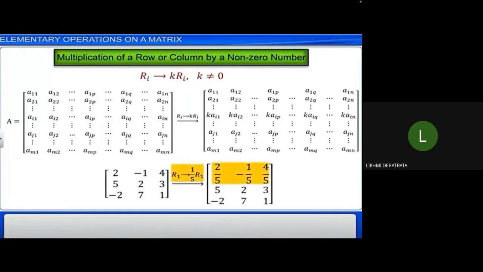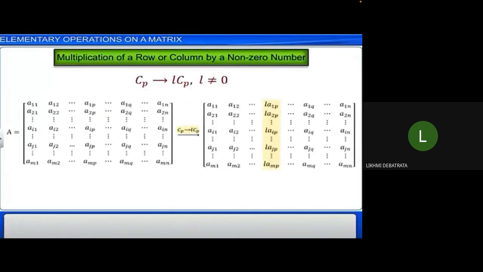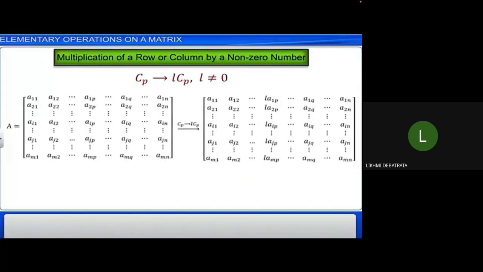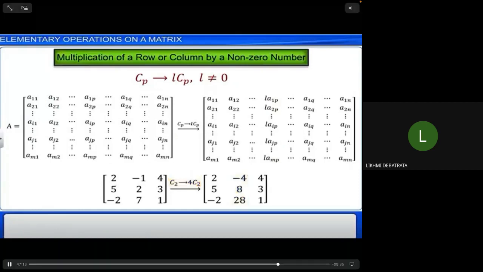If you want to multiply the first row by 1/5, we write (1/5) R1. So 2 is multiplied by 1/5, every number is multiplied. In the same way, when you multiply a column by a non-zero number, we write C_p → l C_p, where l is not equal to 0. L should not be equal to 0. Here, the second column is multiplied by 4. The second column here is -1, 2, 7.